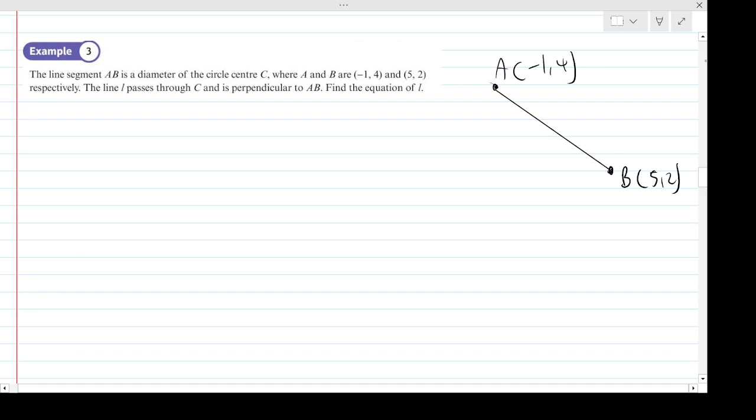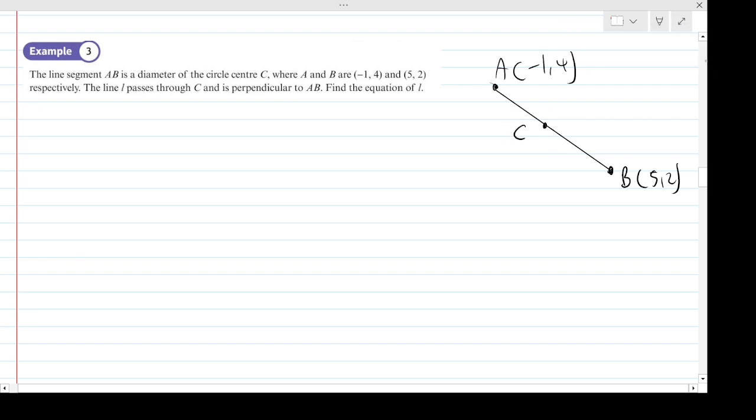Now, AB again is the diameter of a circle. So the centre is going to be the midpoint again. I'll call it M for midpoint. No, C, right? I could call it C or M, it doesn't really matter. C is the centre, but I could call it the midpoint, either or. So the midpoint is there in the middle.